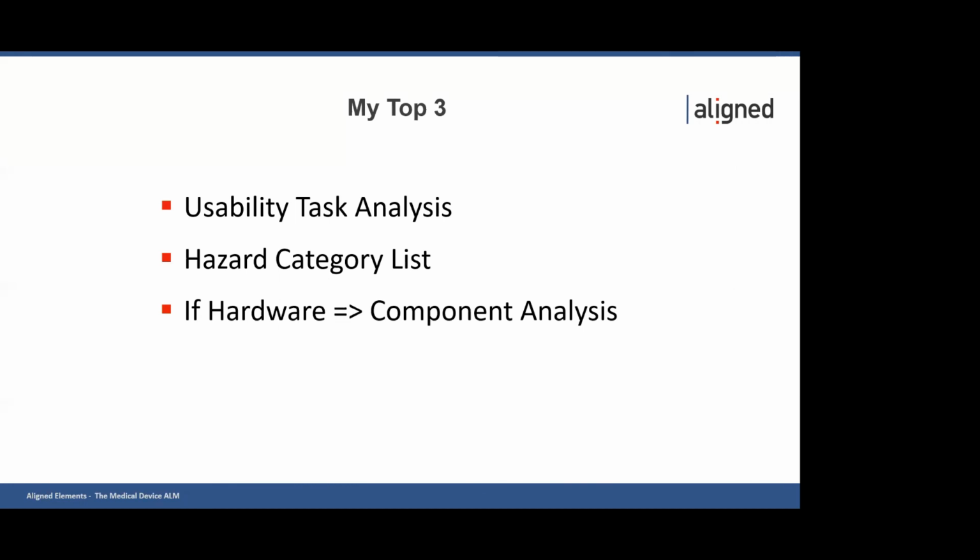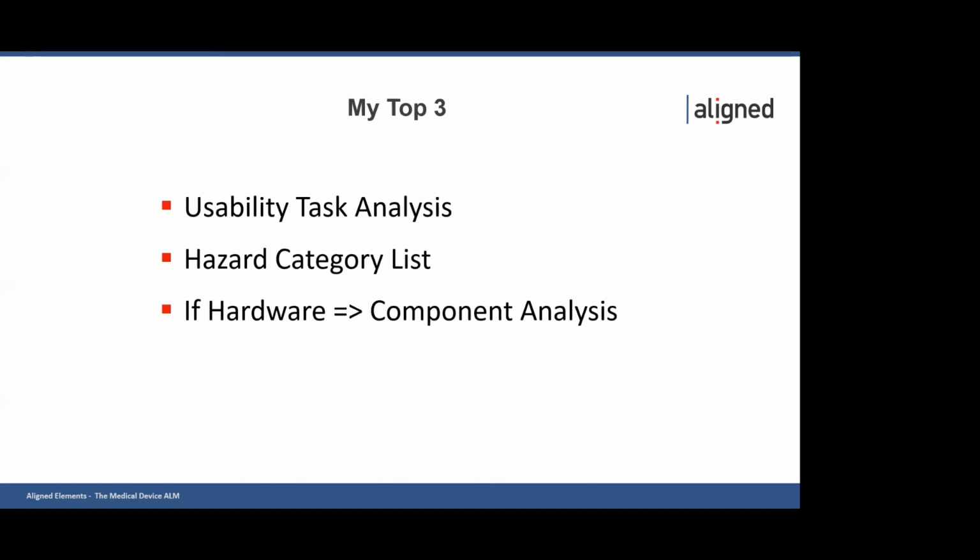And moreover, you tend to get really good usability when you use usability task analysis, because you're going to improve on your usability, and customers love that. They just love it. The second one, hazard category list, is very simple to understand and very simple to explain. Again, it casts this wide net.